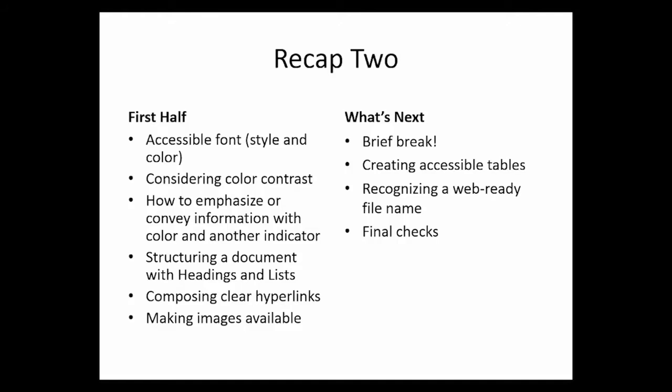Why would it, honestly? We don't want to convey information with just color alone. We used headings. Actually, we didn't do lists, but we'll do that. That's pretty simple. We talked about composing those clear hyperlinks by answering those 3 questions. Where am I going? What am I going to see? And what happens? And we talked about making images available through alt text.